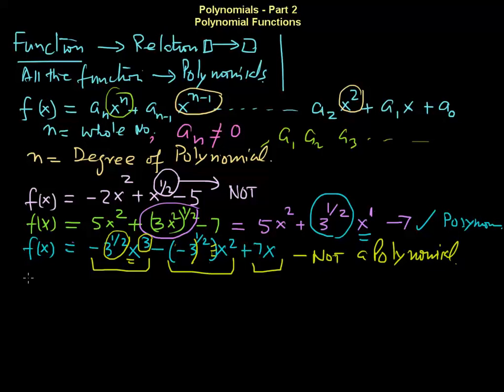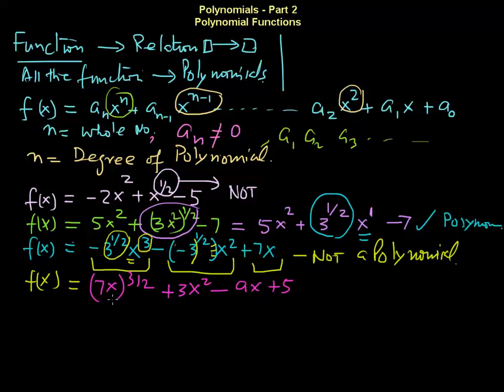Let's take another example, the final one, and this will be f(x), written with a different color: 7x to the power 3/2 plus 3x squared minus 9x plus 5.